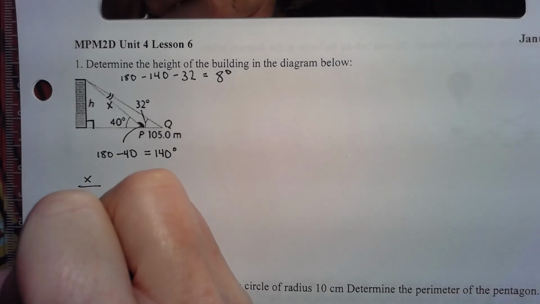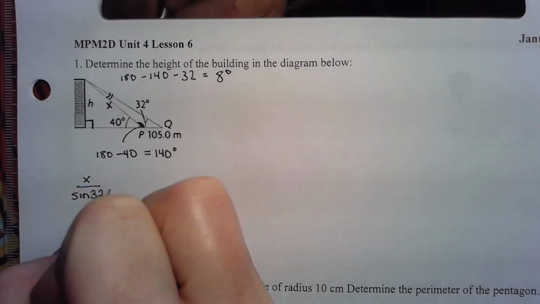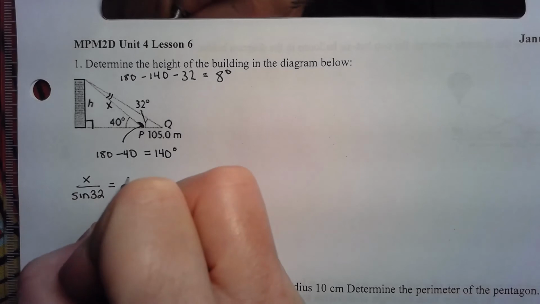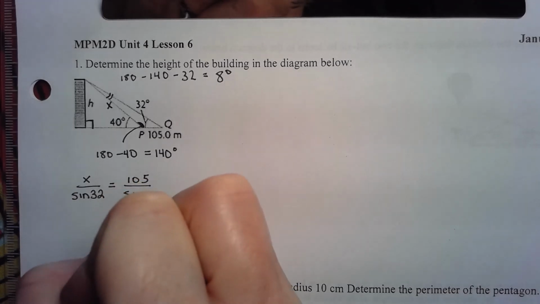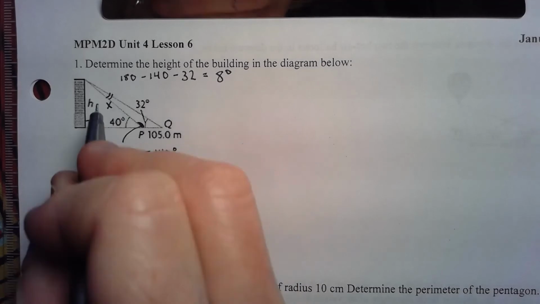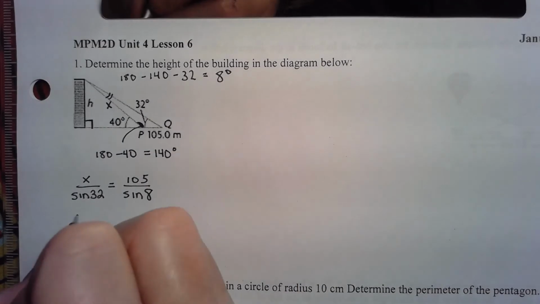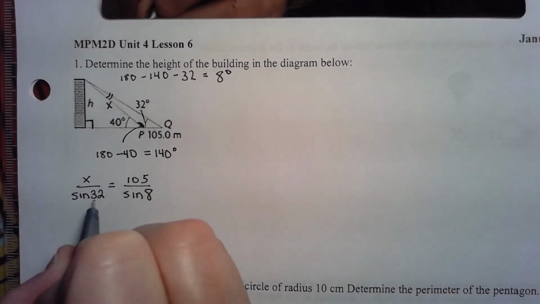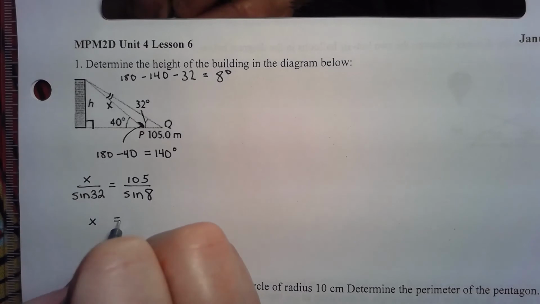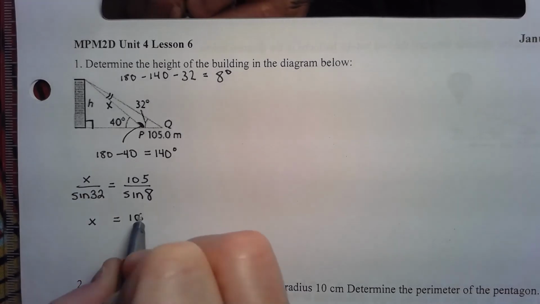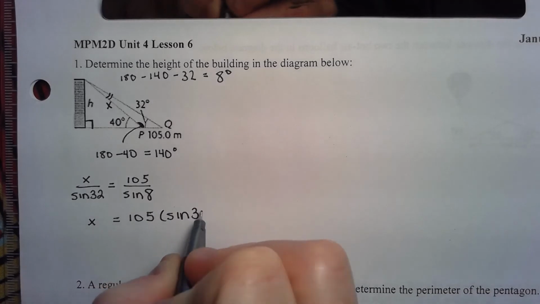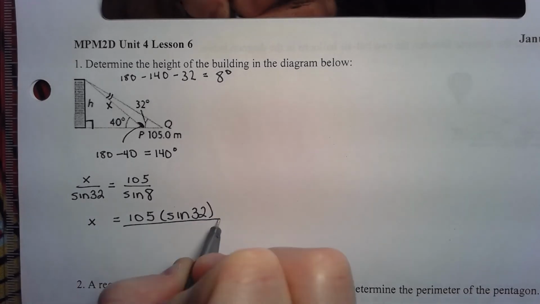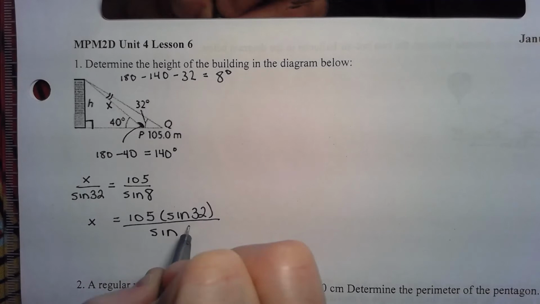So x over sine 32 is equal to 105 over the sine of the angle opposite, which is 8. So as usual, when we want to take the sine 32 to the other side, it was being divided, so now we're going to multiply it. So we're going to have 105 times the sine of 32, all divided by the sine of 8.